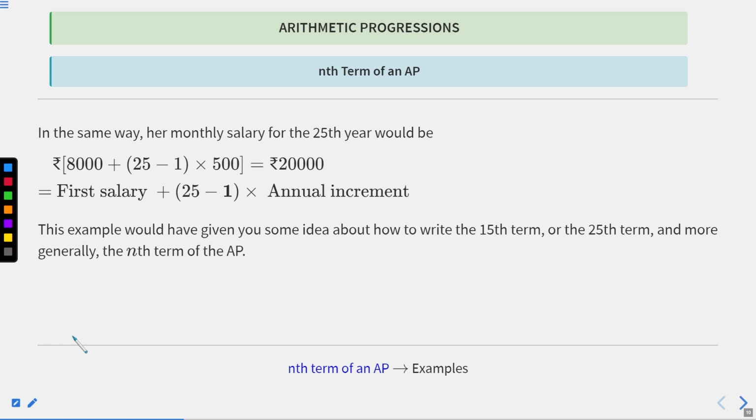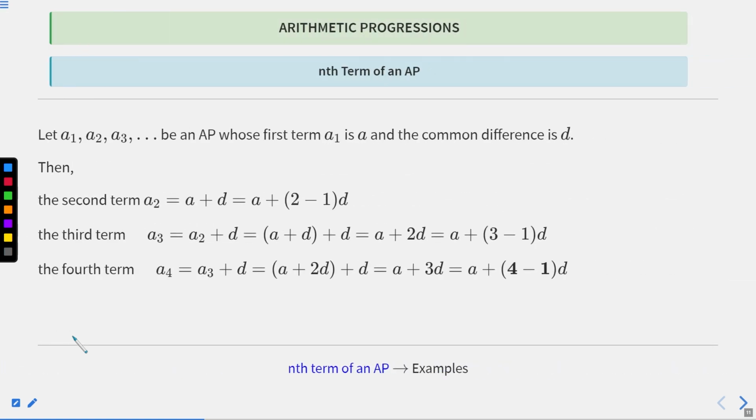Here let a1, a2, a3, and so on be an AP whose first term a1 is a and the common difference is d. Then the second term a2 is equal to a plus d, which can be written as a plus 2 minus 1 times d.